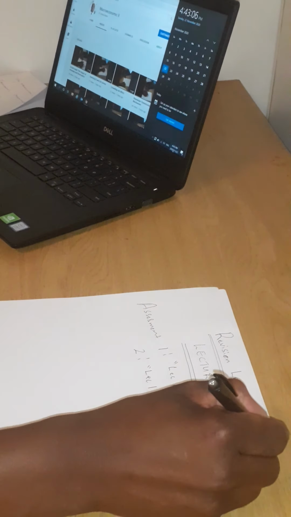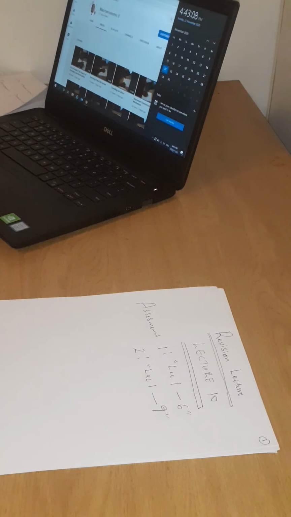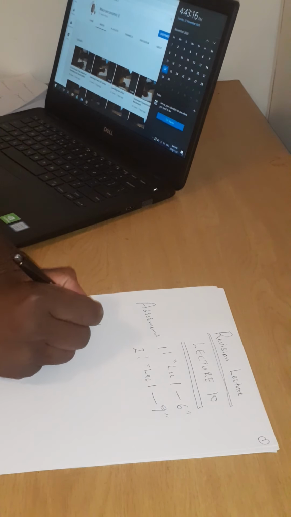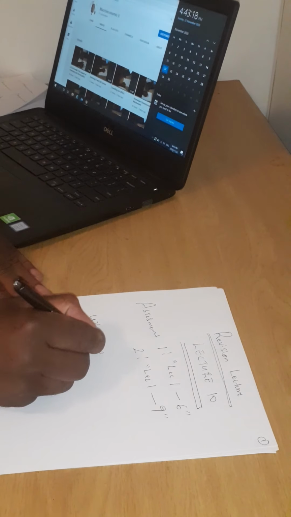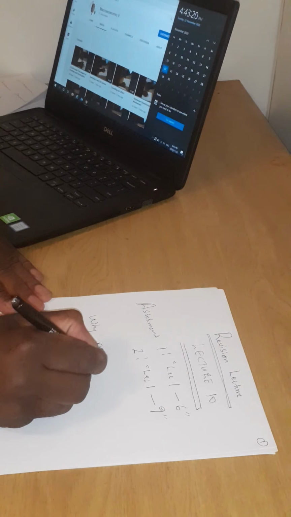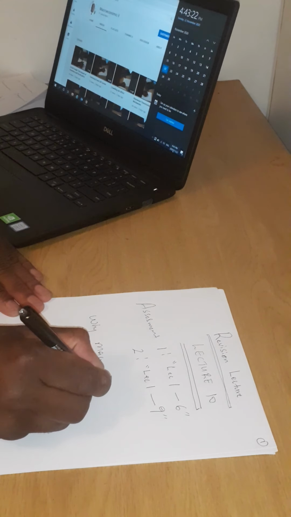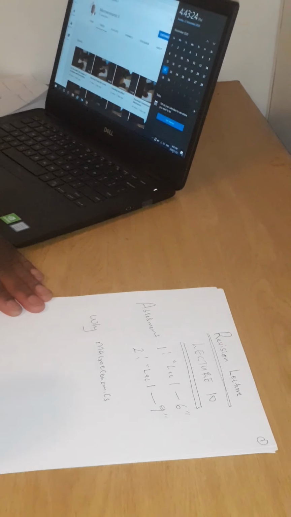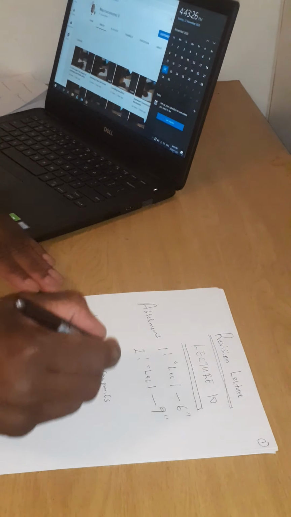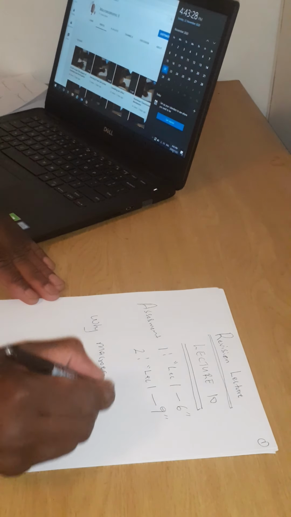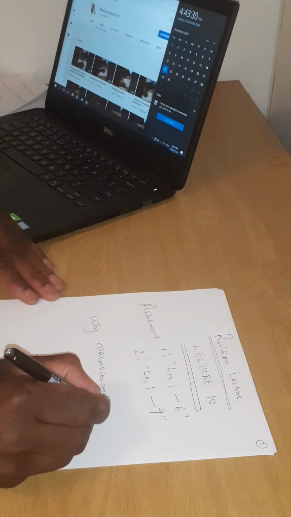So now we are saying that, look, we talked about why macroeconomics, and when we said why macroeconomics, we looked at things like the 5 macroeconomic objectives.